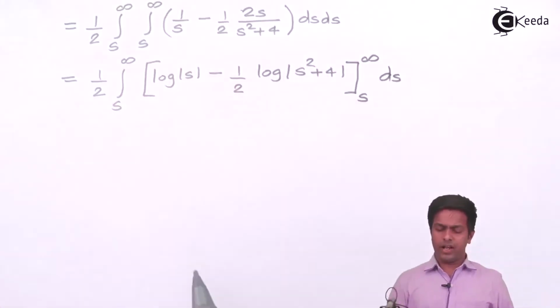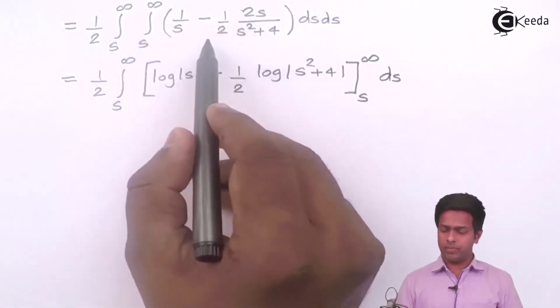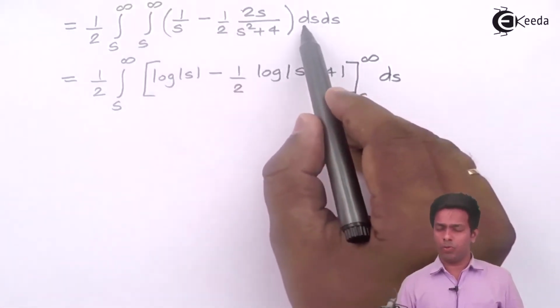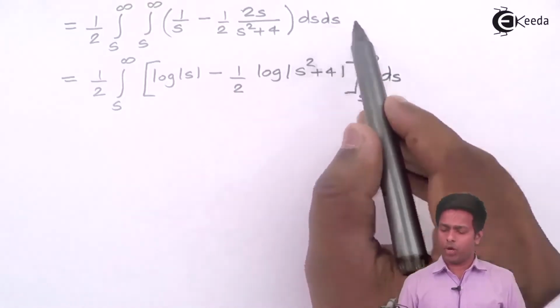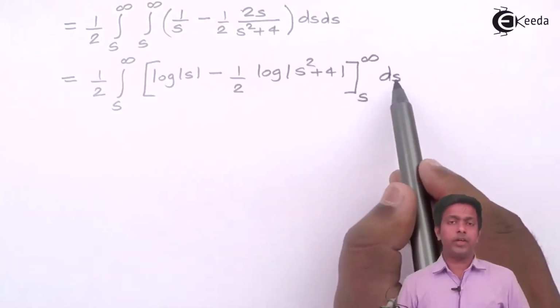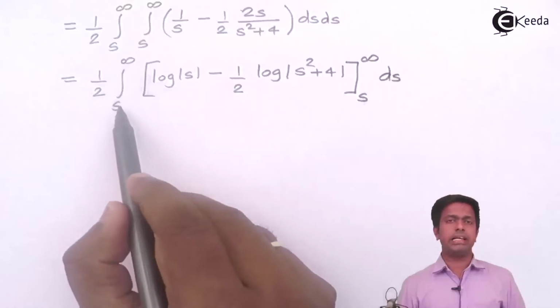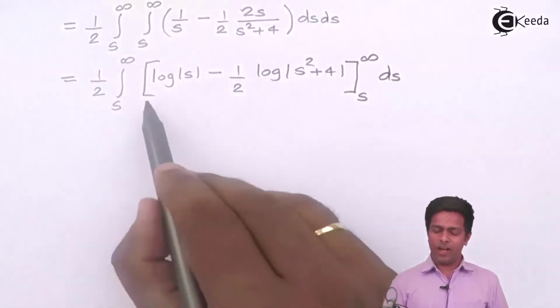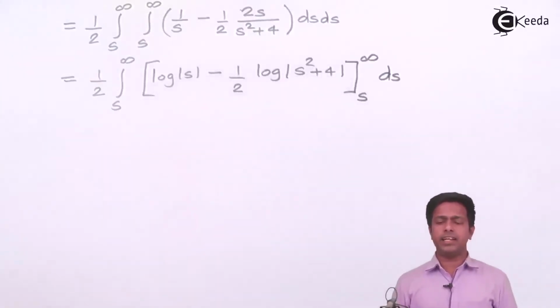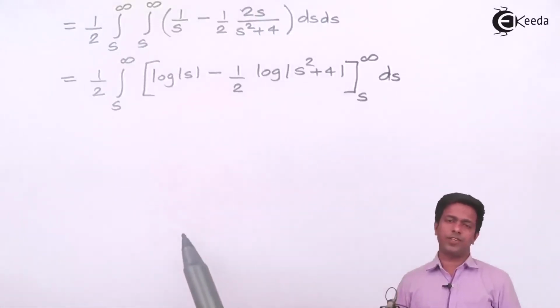So guys, here I have integrated for the first time, so now this ds will be no more, so I'll be having only one ds, which will be the variable of the second integration. Now let's evaluate this first and then again integrate that function with respect to s.